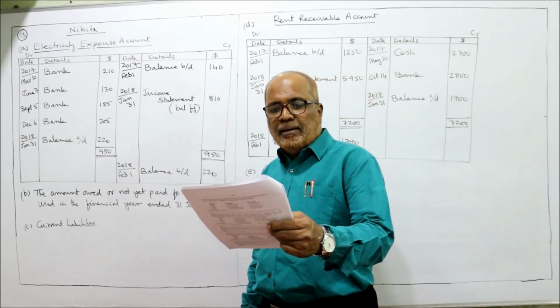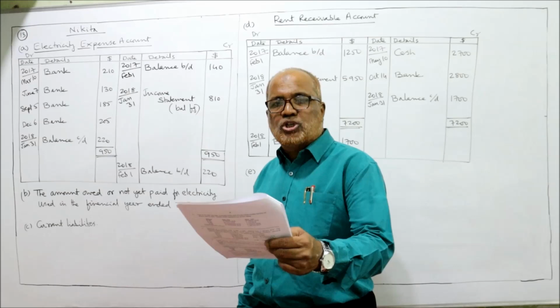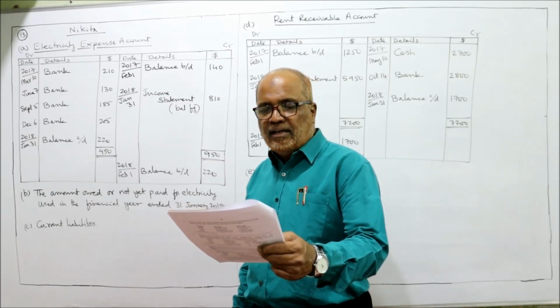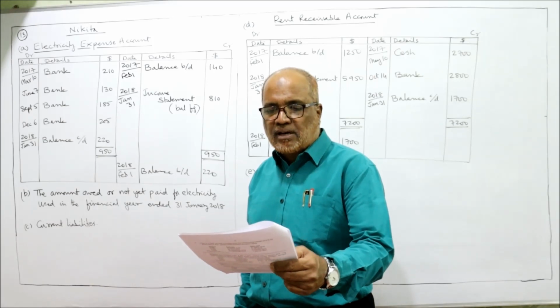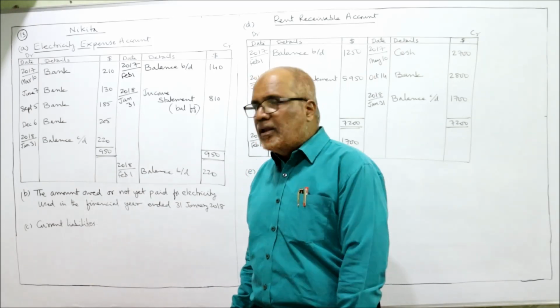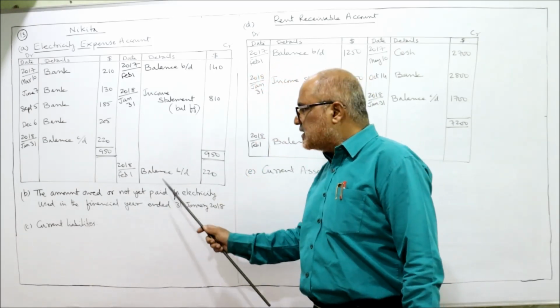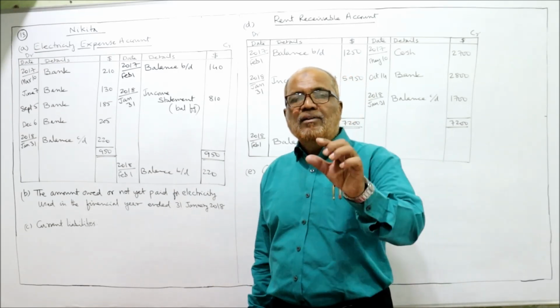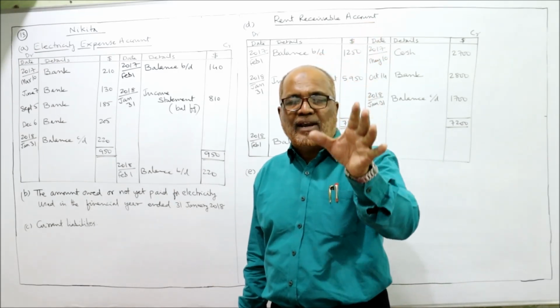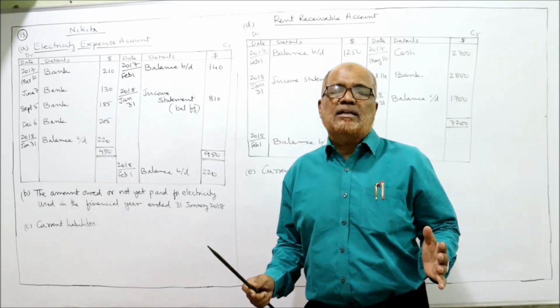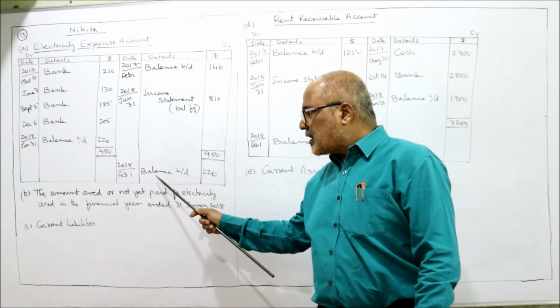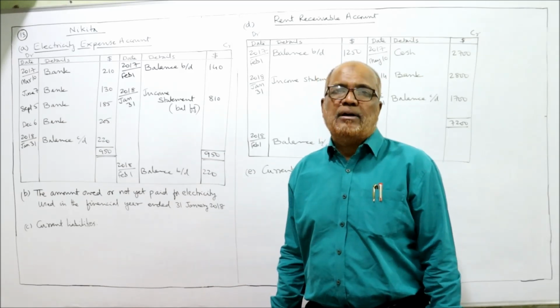C point. Name the section of the statement of financial position on 31st Jan 2018 in which the balance on the electricity expense account was included. Now this $220, that is the balance, in which section of the statement of financial position will this amount be shown? Now you decide. When it is showing a credit balance, it's a liability.